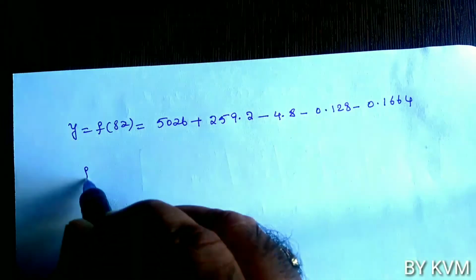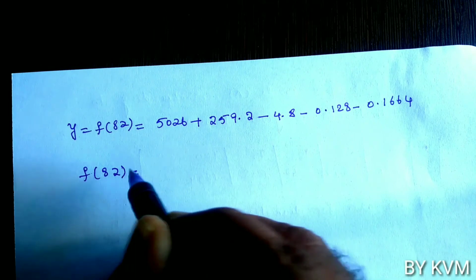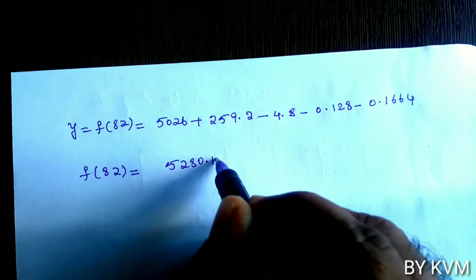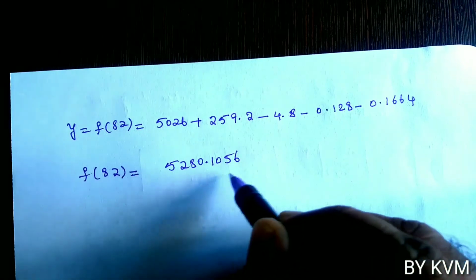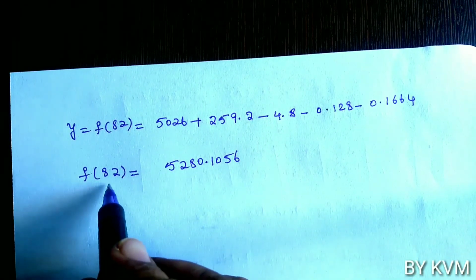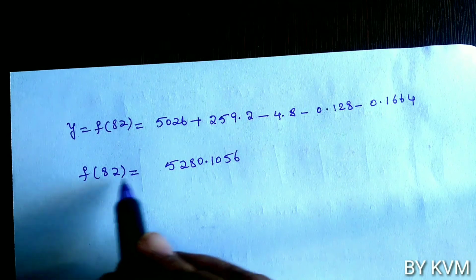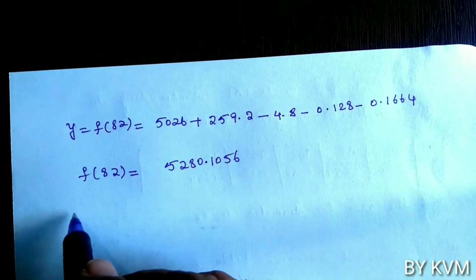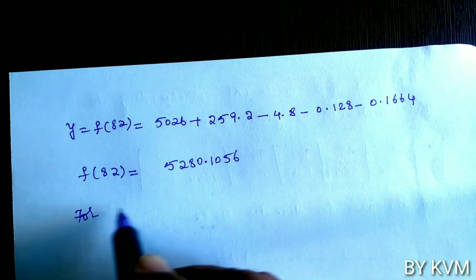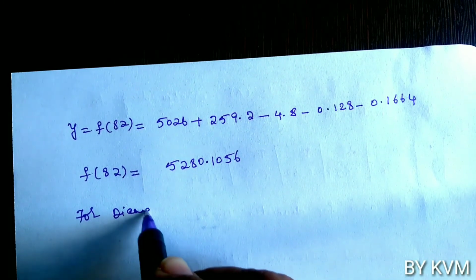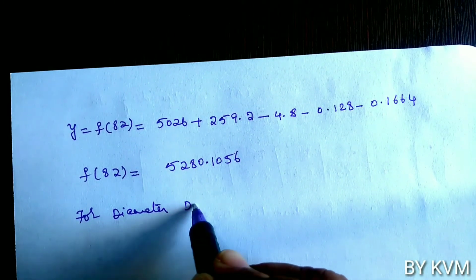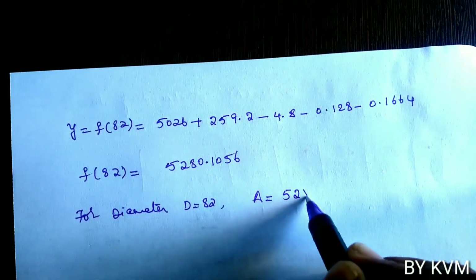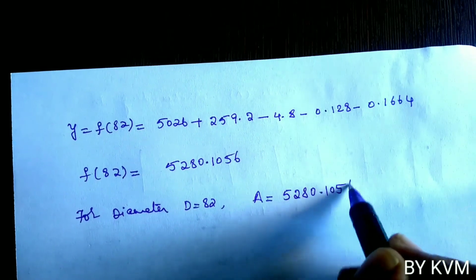So adding all the values, f of 82 is 5280.1056. So for the diameter 82, the area is 5280.1056. So for the diameter D equals 82, the area is 5280.1056.